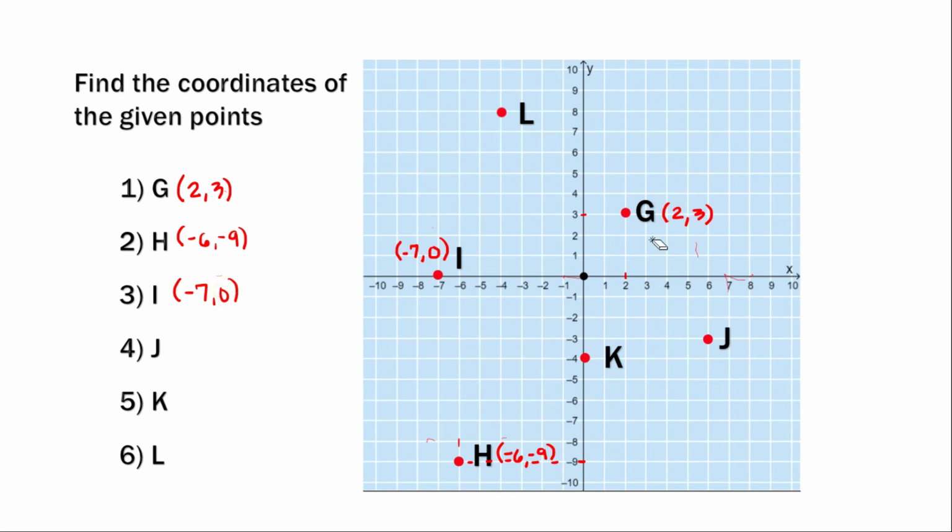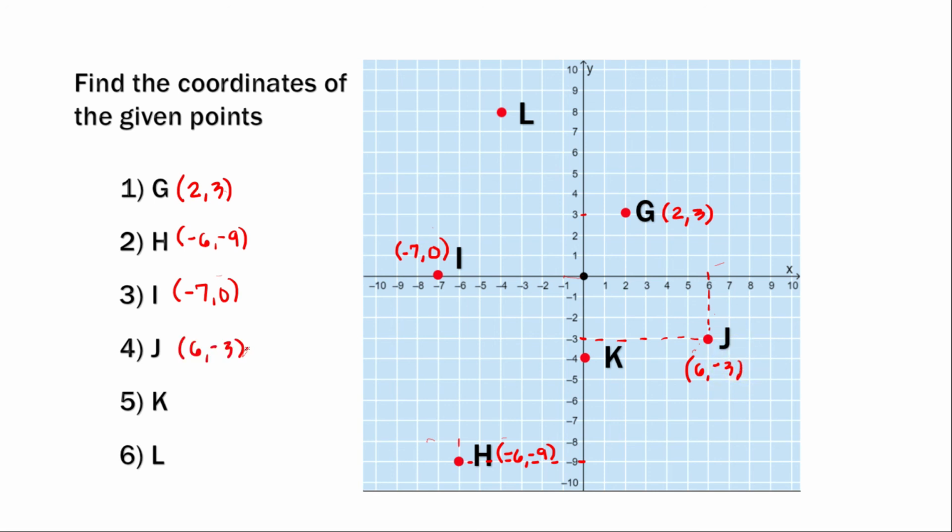Next is point J. Point J is on quadrant 4. So, sa x natin, nakatapat siya 6. And sa ating y, nakatapat siya sa negative 3. So, the coordinates are 6, negative 3.